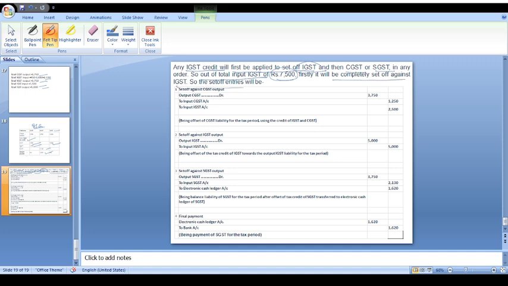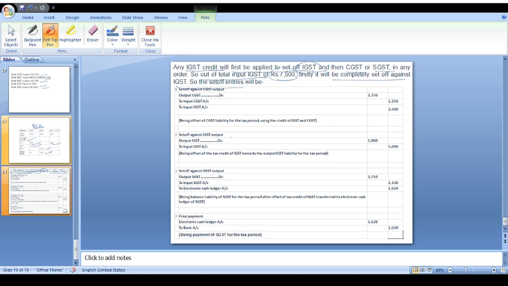So the set off entry will be this. Set off against CGST output. Output CGST, that is given 3,750. You can check from the previous journal entries. And to input CGST 1,250 and to input IGST, that is 2,500.